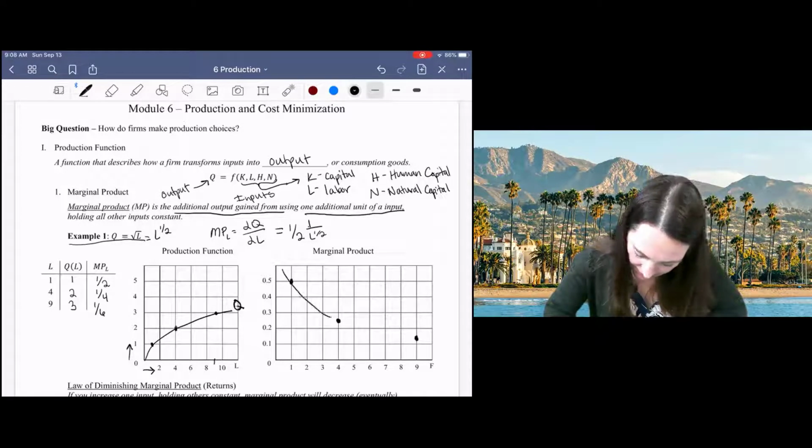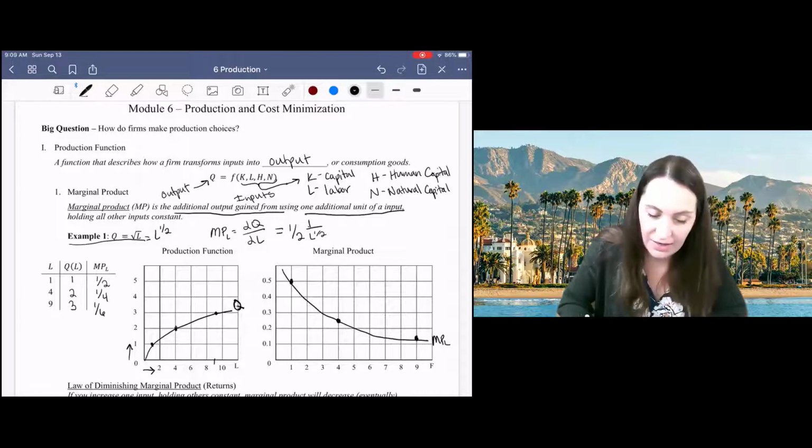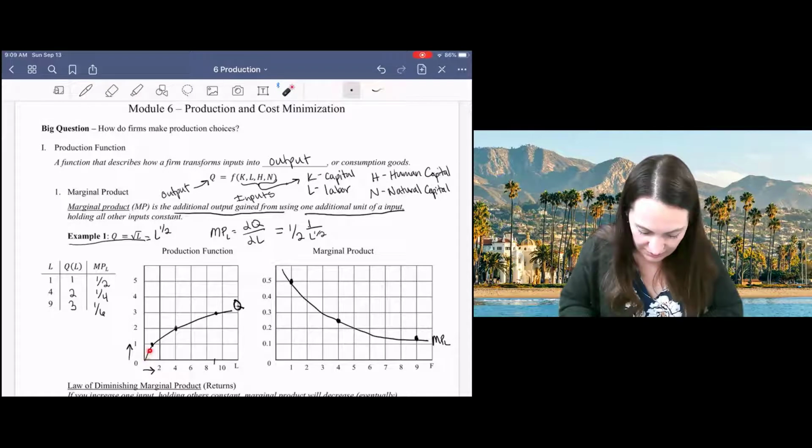Again, you can see this is the slope of the production function. We already plotted the production function, so we kind of know what it looks like. The production function is increasing here at a decreasing rate.